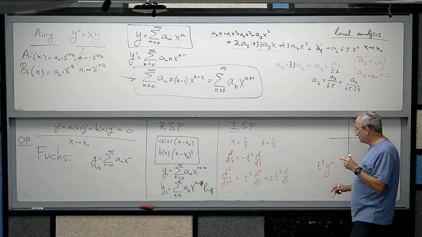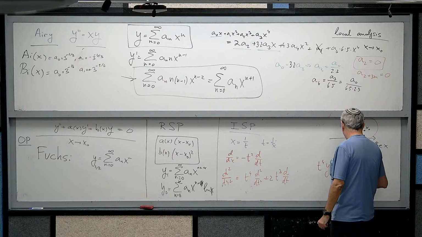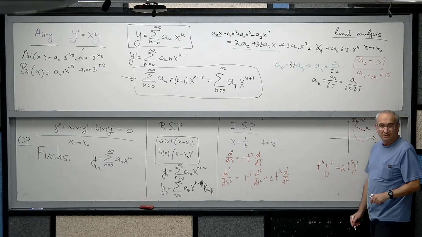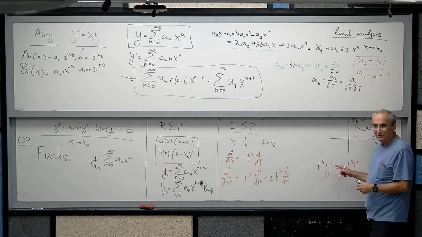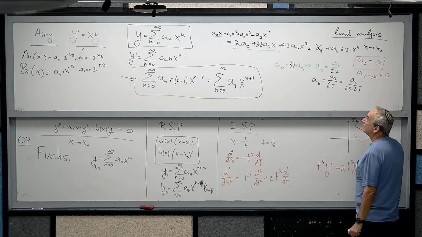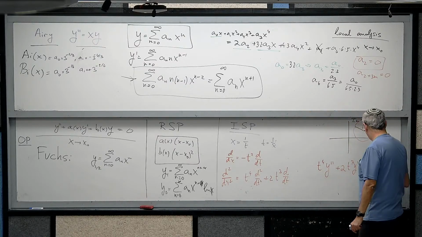So t to the 4 y double prime plus 2t to the 3 y prime. This is something that I don't have in the original. I don't have a first derivative, but now after the change of variables I will have. And now I have minus y over t. This is the xy equals 0.